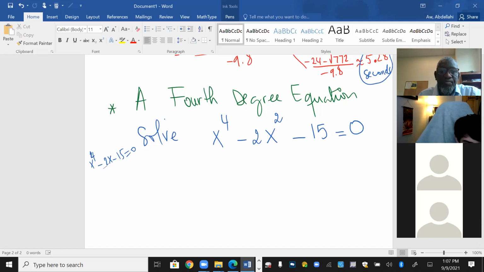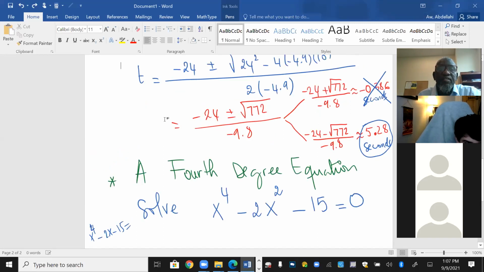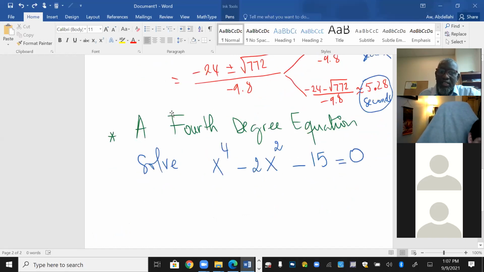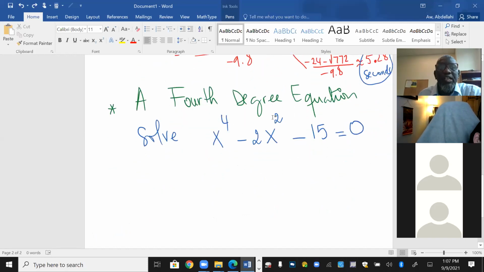What made us able to solve this is that we have x to the fourth power and we have x squared. So we can do something to make the equation become quadratic, okay? How?